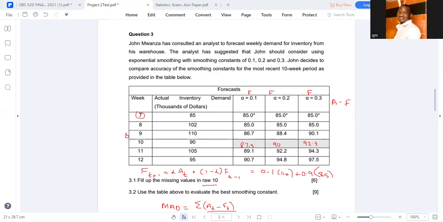The next one? We are getting 110 minus 86.7. That's 23.3, correct. Are you seeing what we are doing, right?